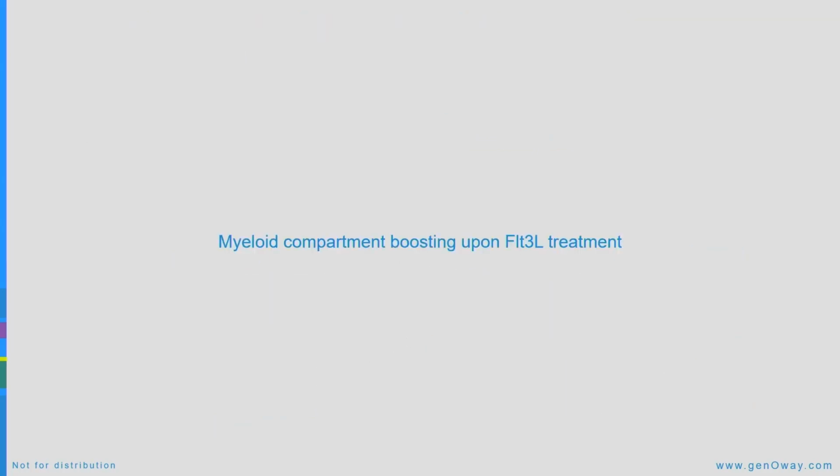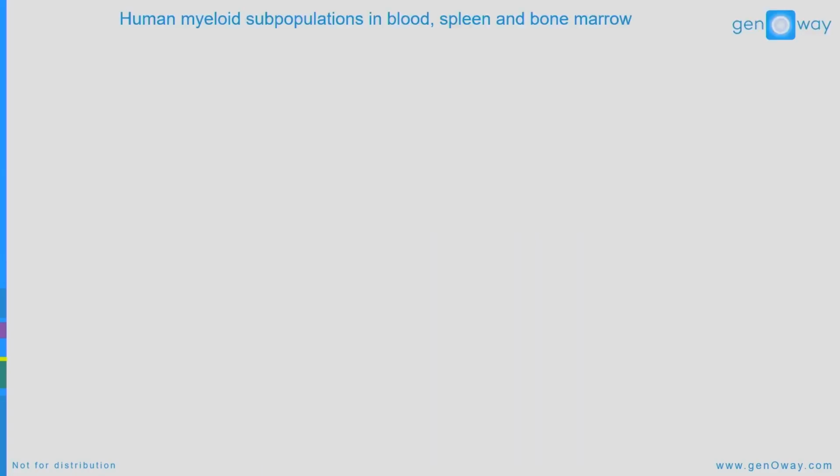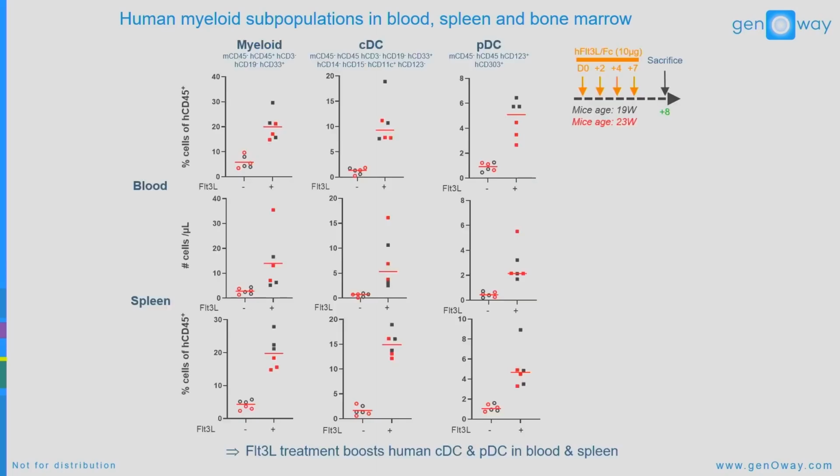Now, let's move to the myeloid compartment. How are the myeloid cells? The myeloid compartment will be triggered upon FLT3 ligand injection. So it's a transient boosting. How does it work practically speaking? Mice are injected once every 2 days with FLT3 ligand.